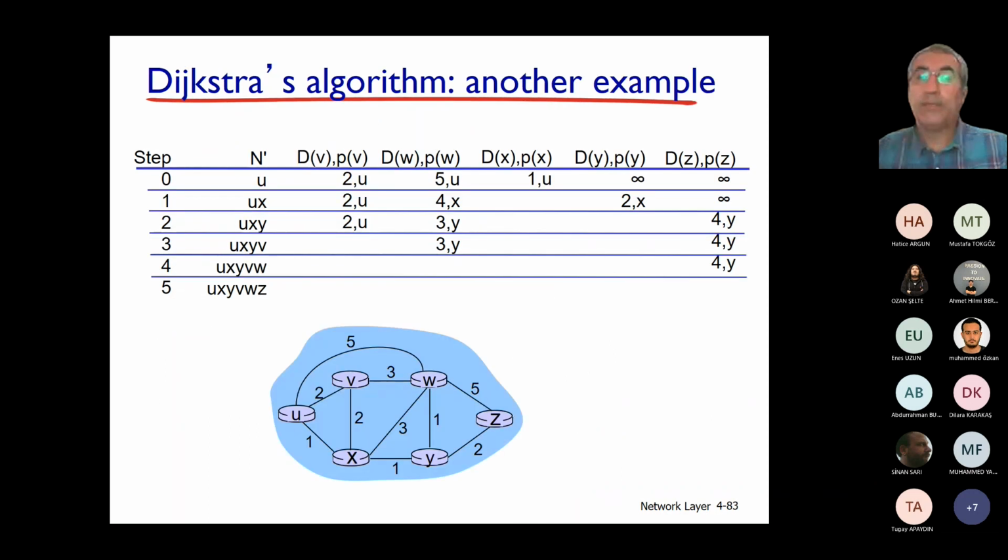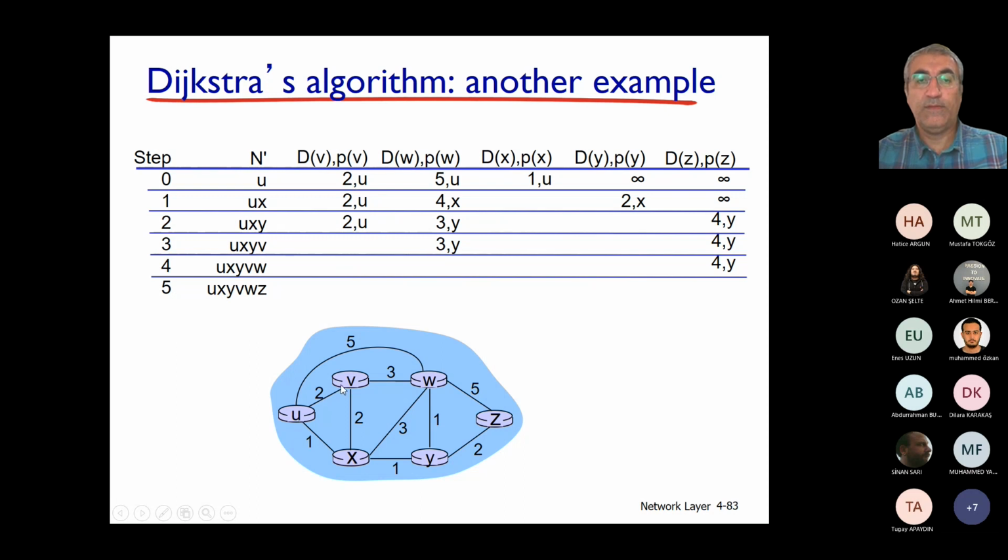Another example, the second example. In this case, we have 6 nodes, and each link has a cost shown on the graph, as you see. So our job again is to find the shortest path from U to Z. We start with U, of course, and we calculate the D of V and P of V values.